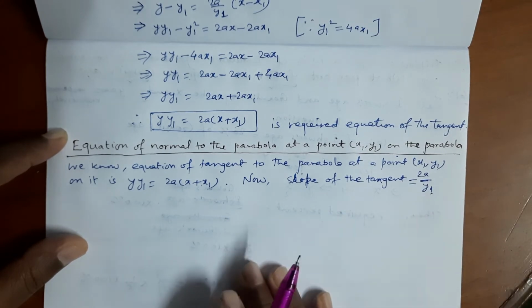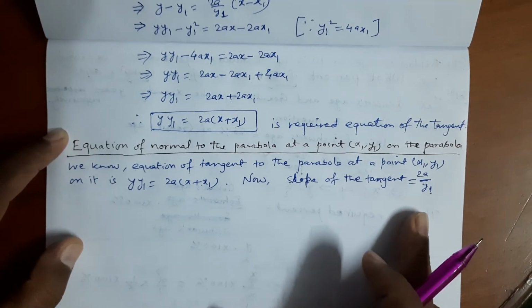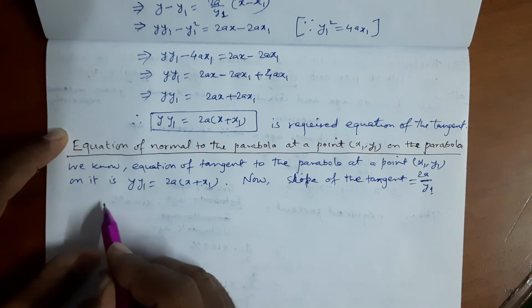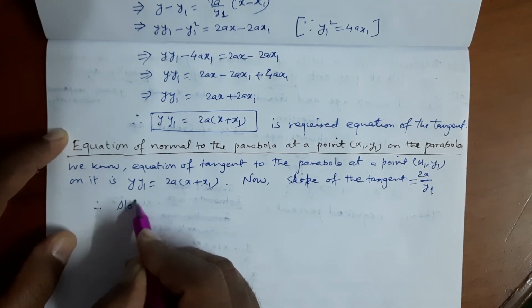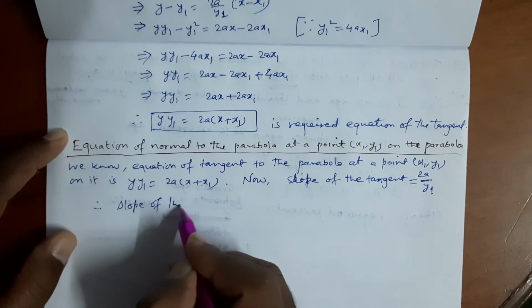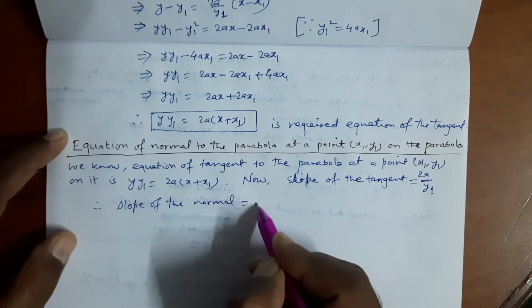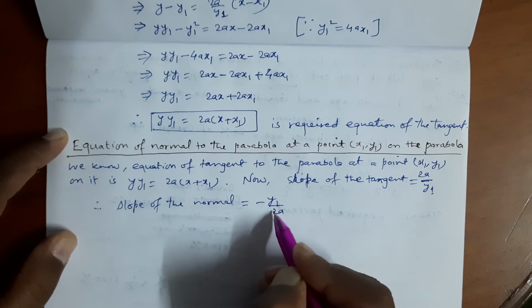Since the tangent and normal are perpendicular to each other at the point of contact, the slope of the normal equals minus y1 over 2a.